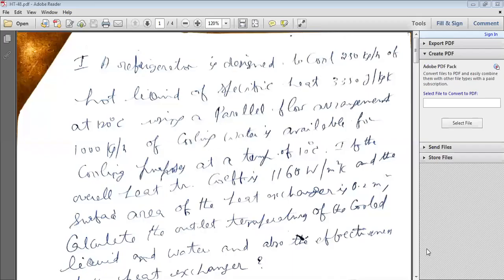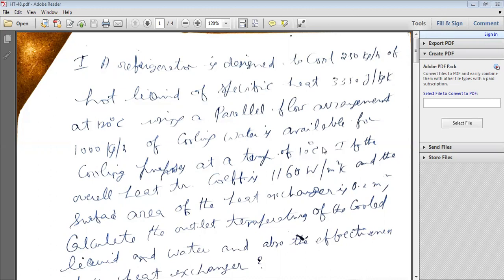So yes, in the last class I gave the NTU method of heat exchanger effectiveness. Effectiveness is the actual heat transfer with the available heat exchanger to the maximum possible heat transfer rate. The maximum possible heat transfer rate occurs when the temperature difference is maximum and the heat capacity is minimum. That's why the maximum heat transfer rate Q max is equal to C minimum into the maximum temperature difference.